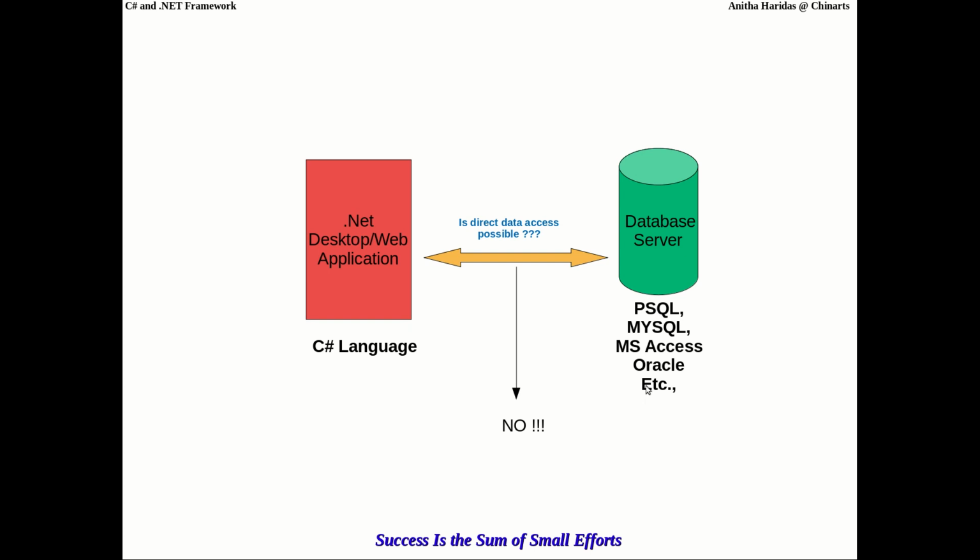This is using a structured query language, whereas this is using a high level language. If so, the direct data access from the .NET application to the database server is not at all possible.